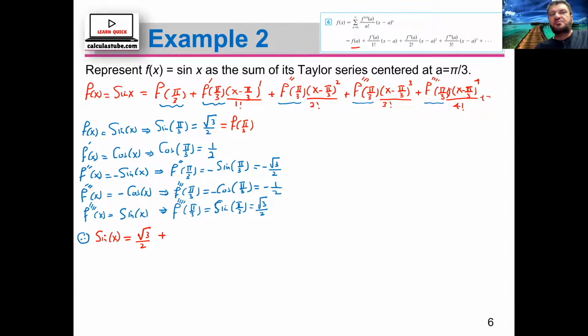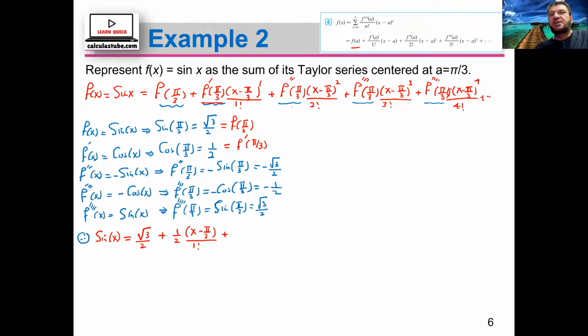Plus, this one is f prime at pi over 3. So f prime, the second term here, would be half, times x minus pi over 3 to the power 1 over 1 factorial.